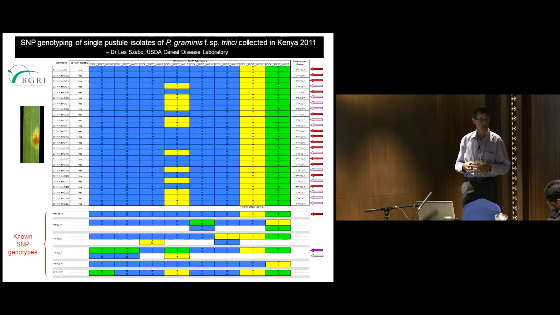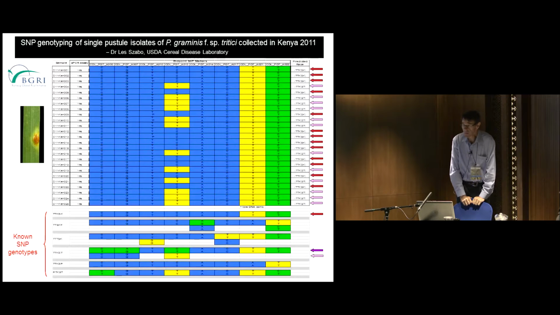That was an interesting one, in Kenya on Robin, which we knew was carrying this TMP gene, all the DNA assays were telling us it was TTKSK, the original UG99. And it wasn't making sense to us at all. But his assay wasn't discriminating between these, what we now know are new variants of UG99. So we've now got the TMP variants of UG99.